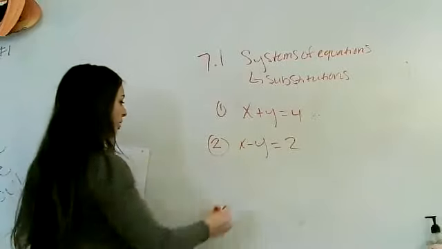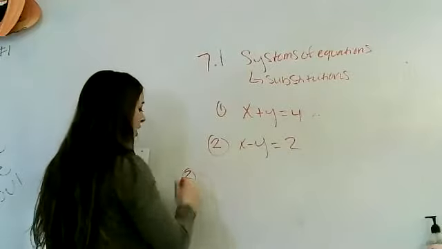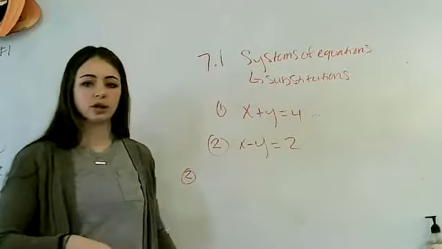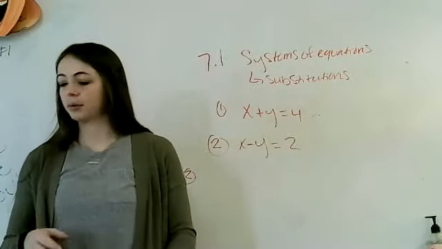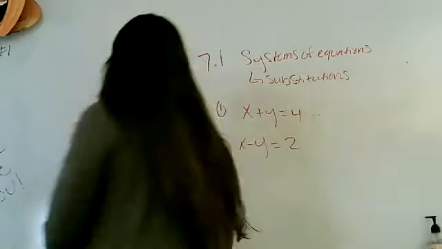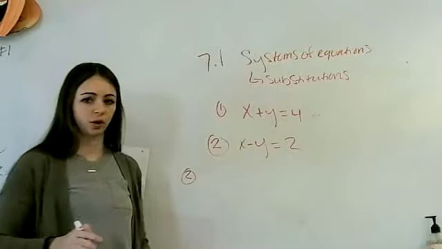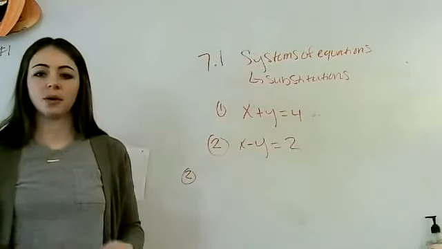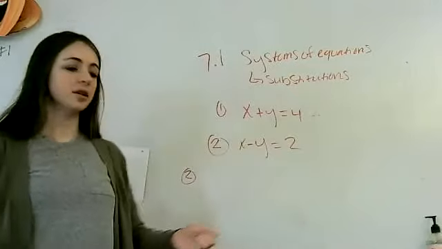I'm going to choose equation number 2 to start with for no other reason than that if I start with this equation, I will end up having all positives to solve with. Not that I don't trust you with negatives, but when you have all positives, it just makes things a little bit easier.